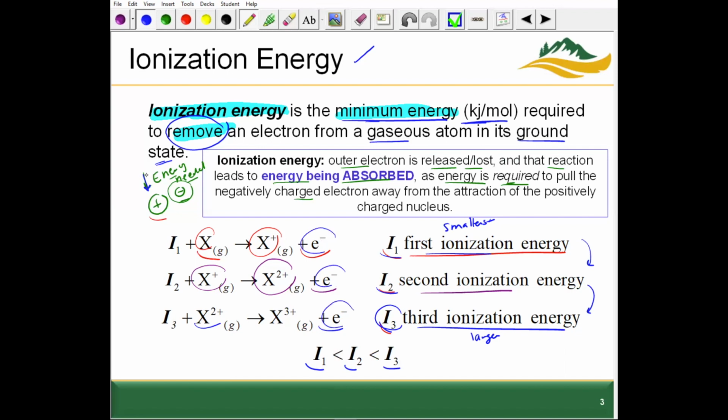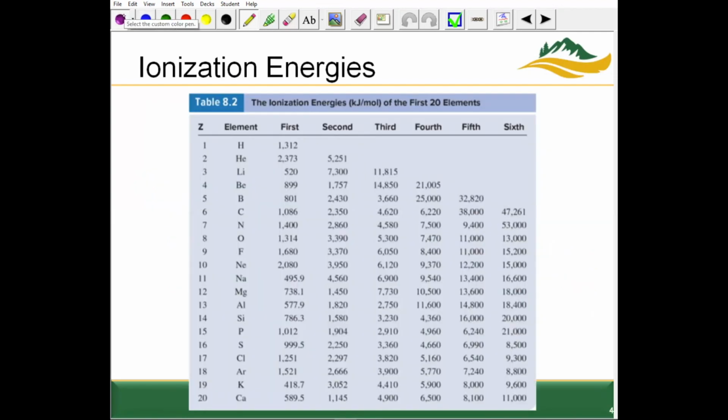And remember, energy needs to be inputted in order to remove that electron. It takes energy to remove a negatively charged electron that is pulled in or being attracted to the positively charged nucleus. So this is table 8.2 in your book.